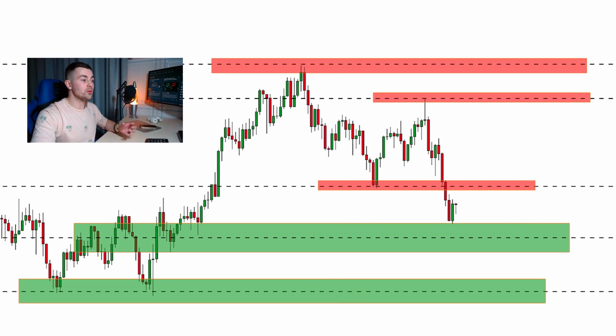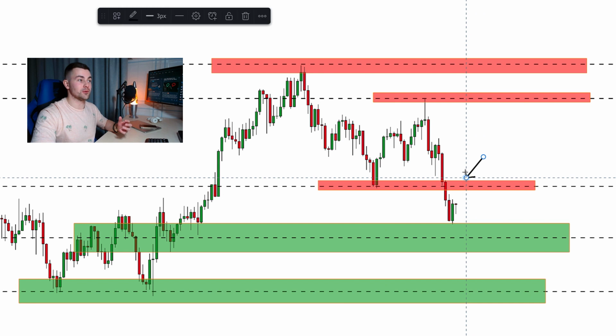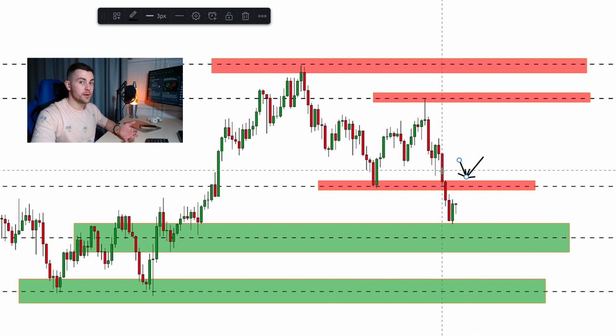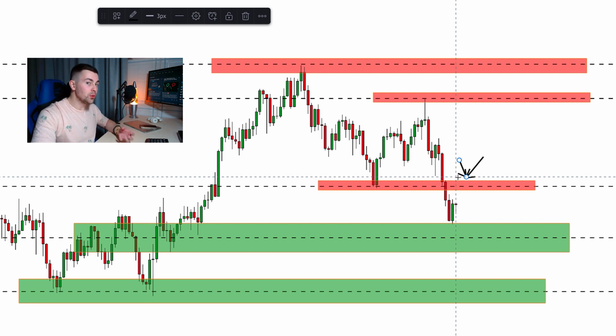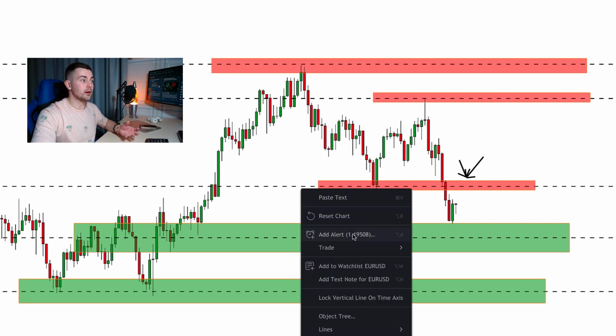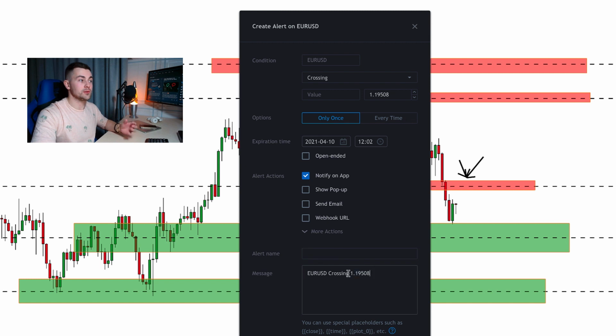And for now, on my radar is that structure. Yes, because the market, the euro dollar, is very bearish at the moment. I want to follow this bearish trend, but to follow that safely, I need to let the market first reach that structure. For that, I set the alert on that structure and I say key resistance, yes, reached.